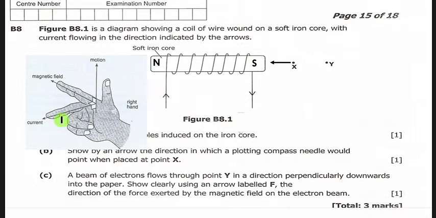In reality, you rotate this hand until this finger points into the page. You'll find that when you rotate like that until this one faces into the page, like the beam of electrons flows perpendicularly downwards into the page, then this finger will face downwards, right?